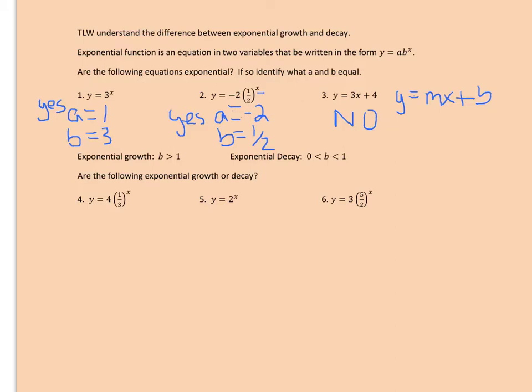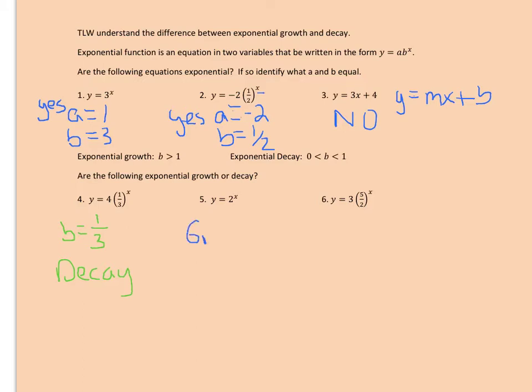So are the following exponential growth or decay? Go ahead and press pause. Try to answer all three. Alright, so hopefully you did. So I look: b is 1/3. Well, since b is 1/3, it is decay. Next one here, b is 2.